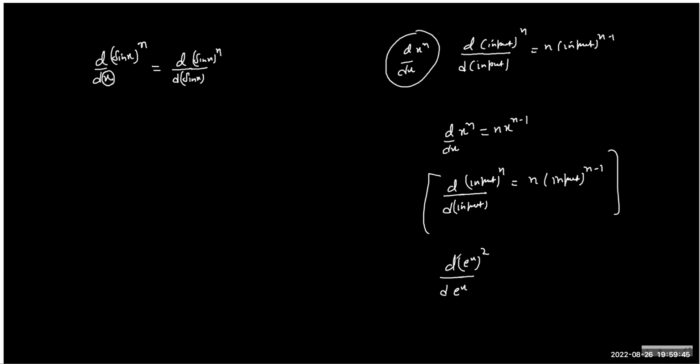If I choose e power x as an entirely single input, then is it matching this format? Yes or no? Is this matching? Yes, sir. And if it is matching, then can we use the formula? The answer is yes. So what will be the answer here? 2e to the power x. Simple.